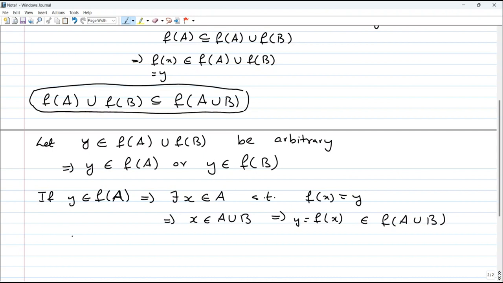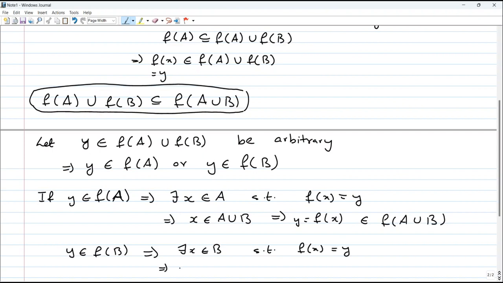Now, similarly, if y is in f of B, you just have the same argument. I will do it this time, but once you are fluent, you can just say, oh yeah, the case is exactly the same, we just replace A by B. Anyway, there exists x in B such that f of x equals y.